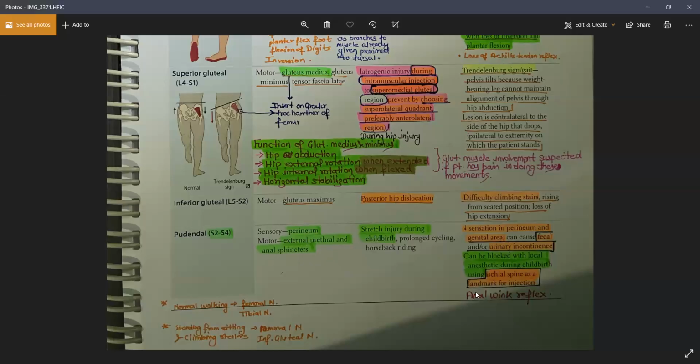This is known as the anal wink reflex. So it will also get damaged. This reflex will be absent whenever I block this nerve or whenever I get damage of this nerve, like in case of saddle anesthesia, the cauda equina syndrome. In that case, I can get the loss of the anal wink reflex also because of loss of the pudendal nerve. All right, thank you.